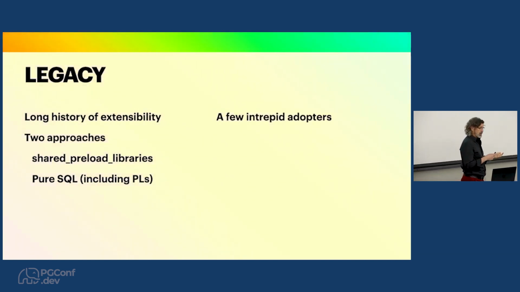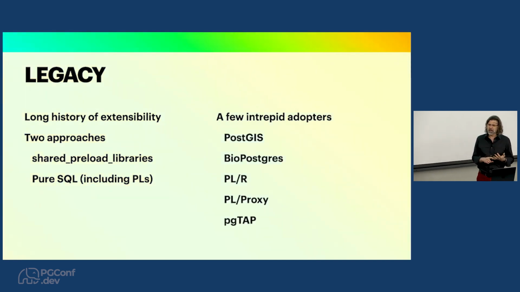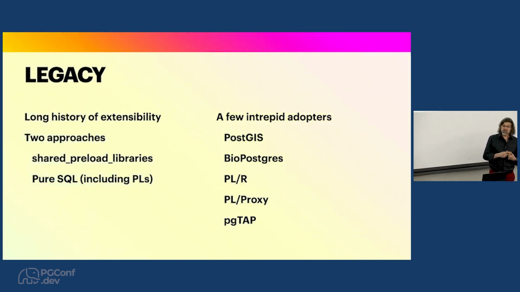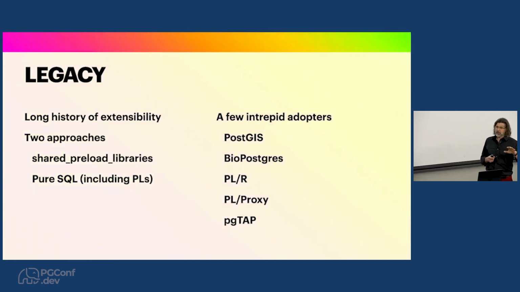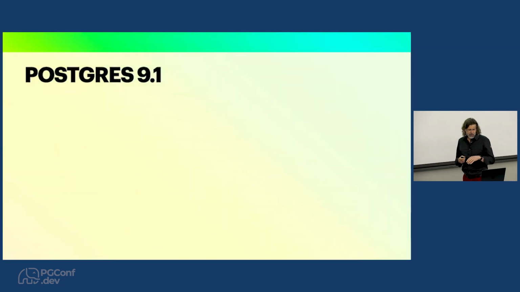And there were a few intrepid adopters in this early period of extensions in Postgres, many of which you've probably heard of, including PostGIS, BioPostgres, PLR, PLProxy, PGTap, and a fair number of others, which demonstrated the attractiveness and feasibility of wanting to have extensions in Postgres.